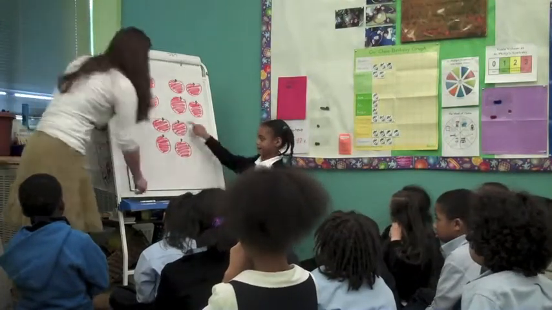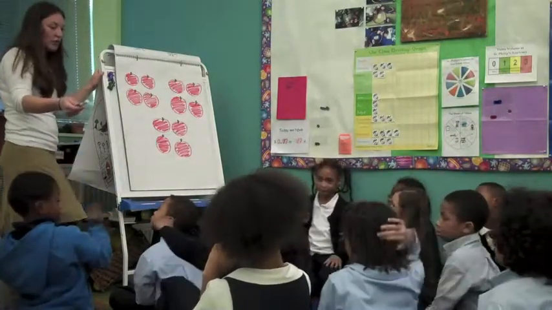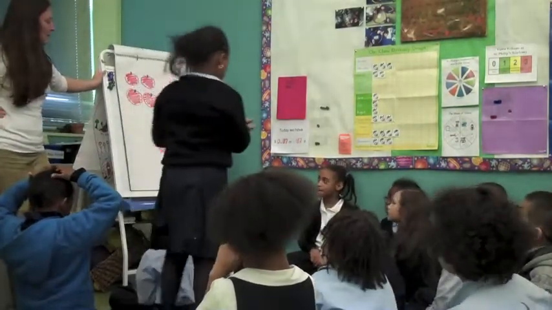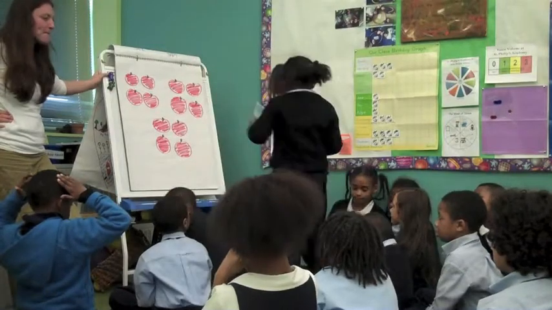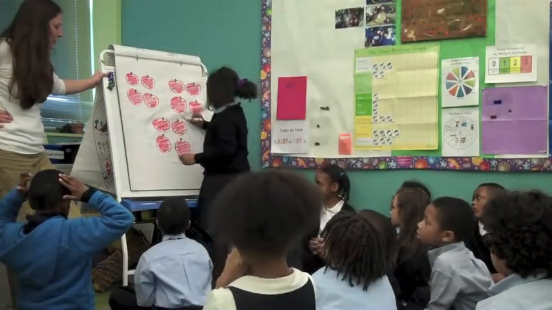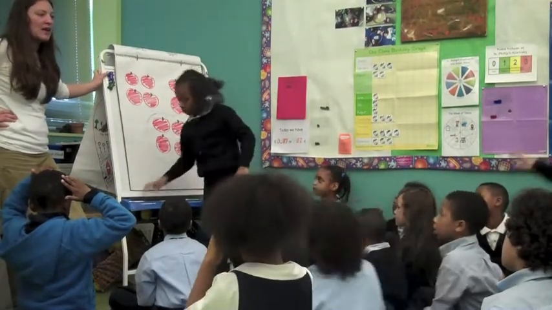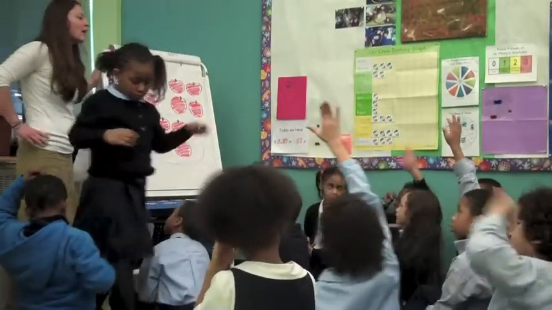That's one group. With your real ink, Caitlin, come circle that group. Winter found the group that stood by itself. How many were in that group? Alec? 4.